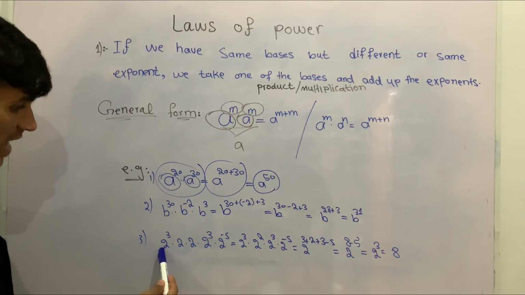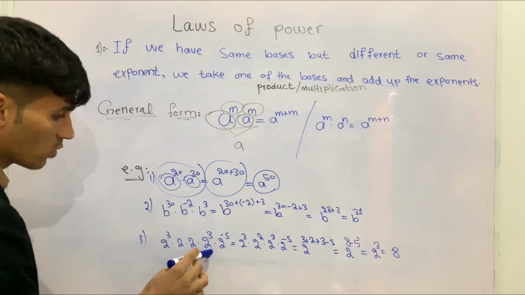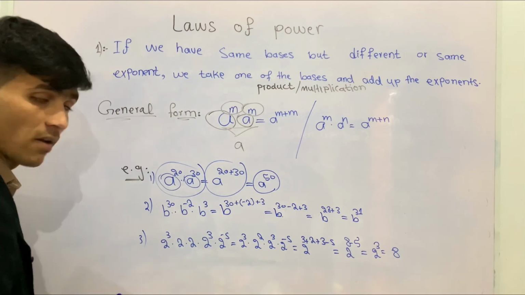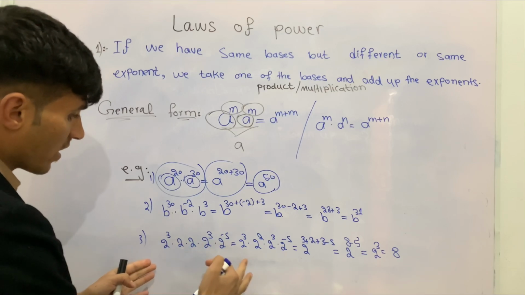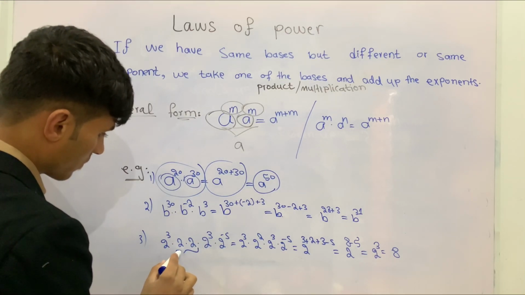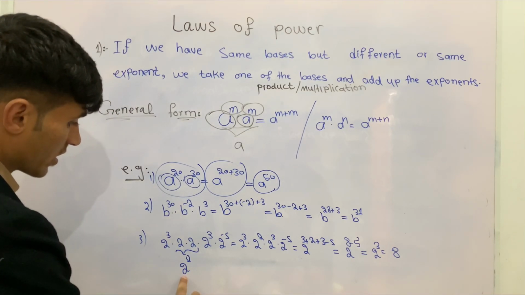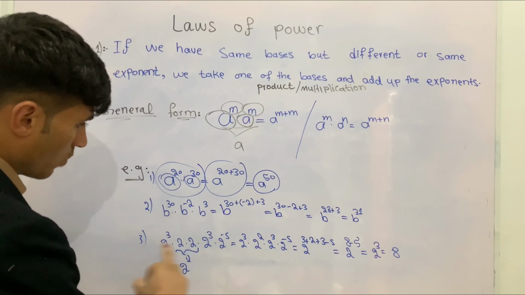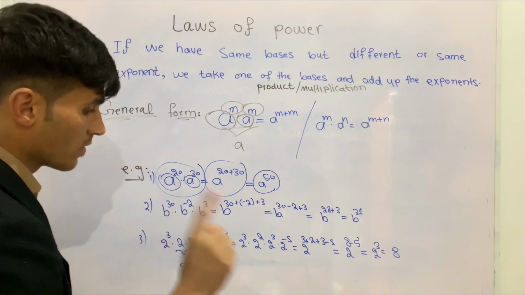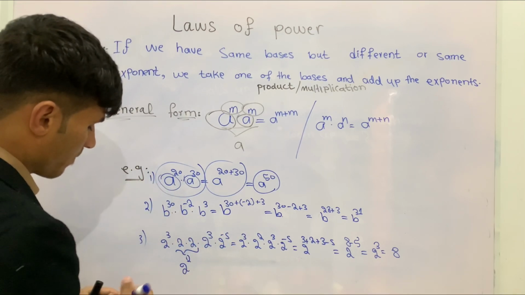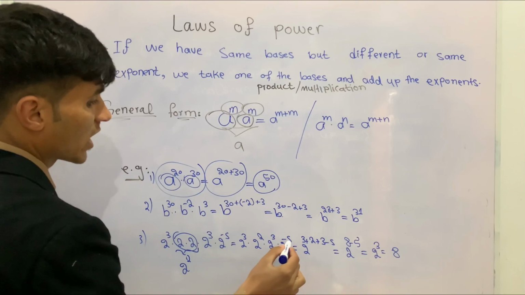The next example we have is 2 to the power 3 multiplied by 2 multiplied by 2 to the power 3 multiplied by 2 to the power negative 5. How should you do it? You can write this portion, 2 multiplied by 2, as 2 to the power 2. Then we have the same base, 2. So we have 2 to the power 3 multiplied by 2 to the power 2 multiplied by 2 to the power negative 5.